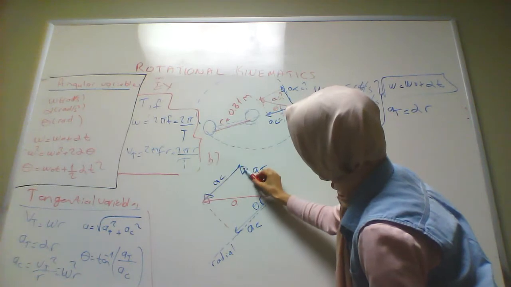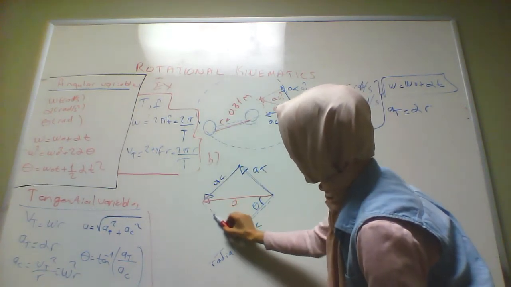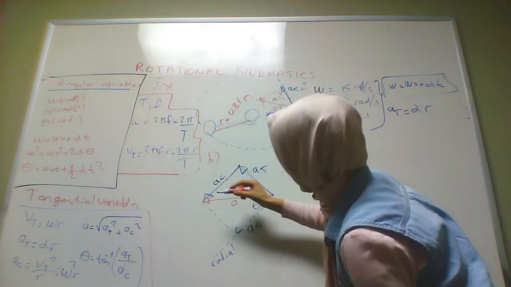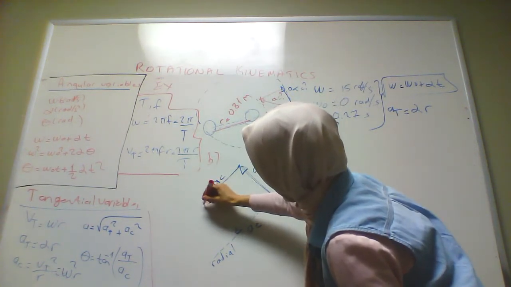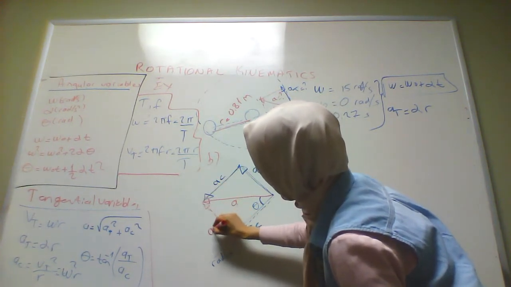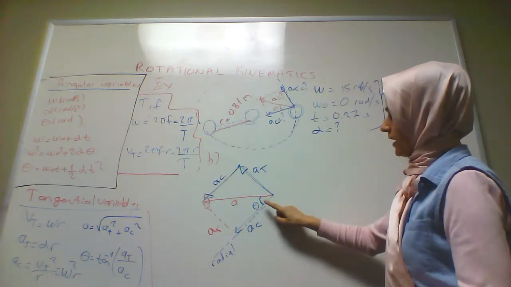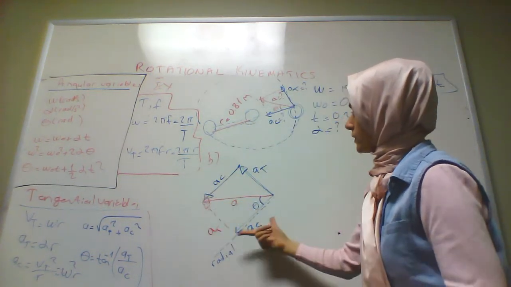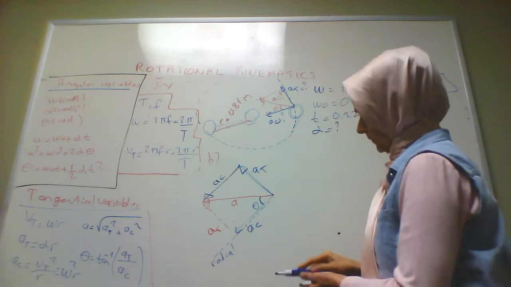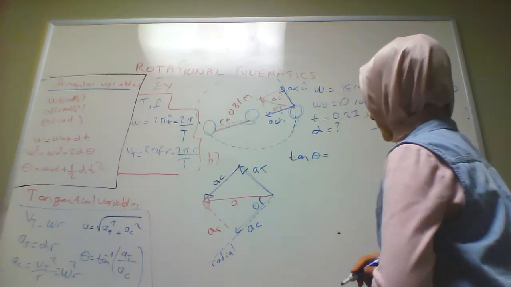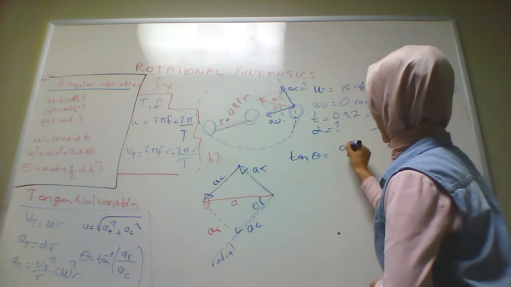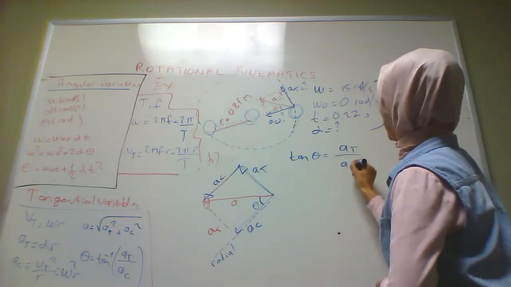Here, this vector can be also carried down in here. This side is equal to AT. So let me draw this with red. And tangent theta is equal to opposite over adjacent. That's where it's coming from. This is also a trigonometry review. Tangent theta is equal to AT over AC.